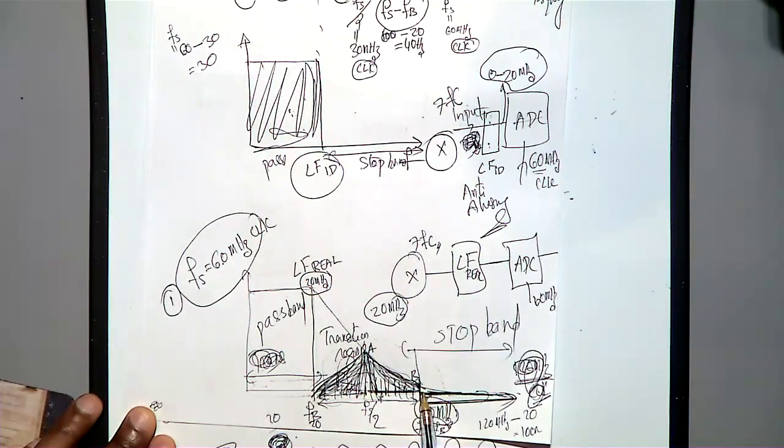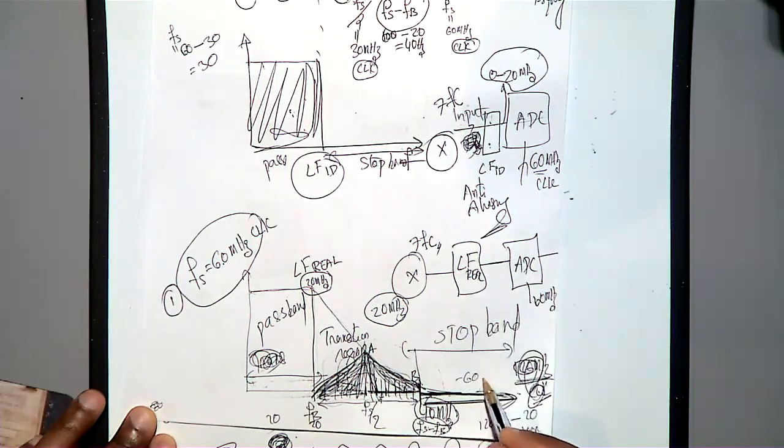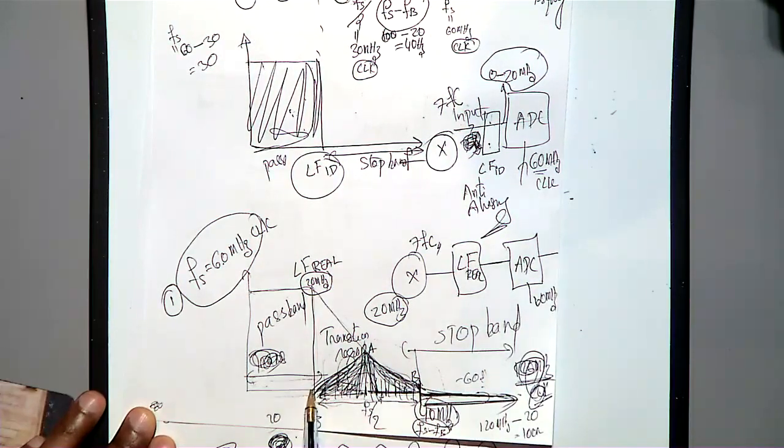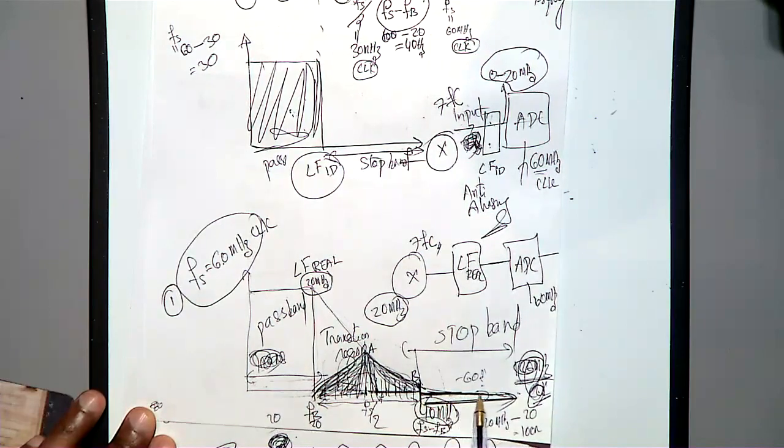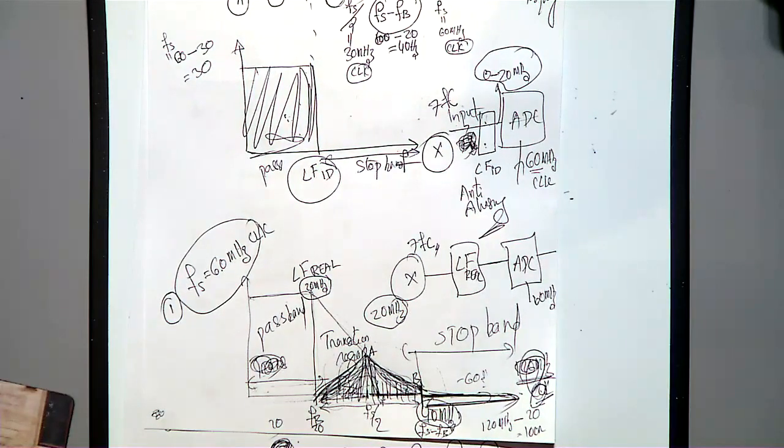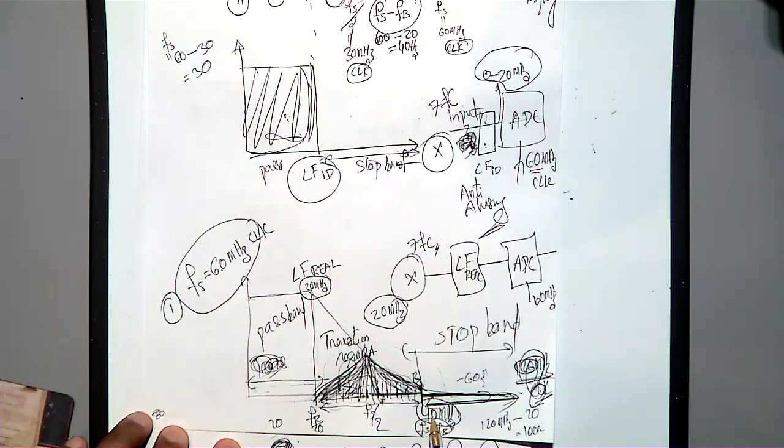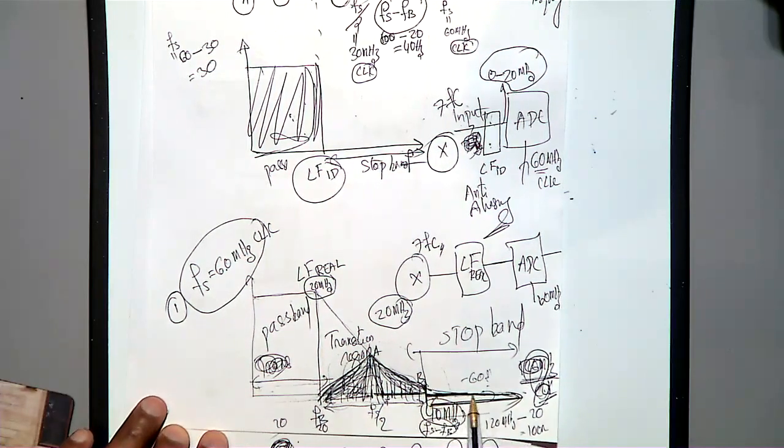Even if you are attenuating to 0, that is fine, but it will not be 0, because this part you are attenuating maybe minus 60 dB, something like that. So a little bit will anyway appear here, because it is not possible to attenuate completely. We cannot allow any signal above 40 megahertz that is not heavily attenuated.